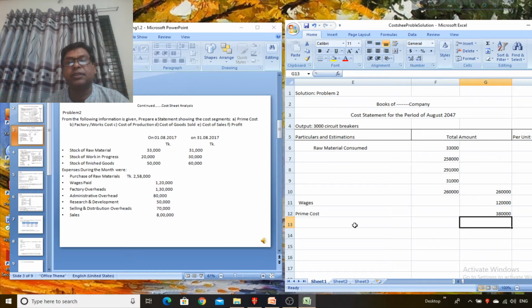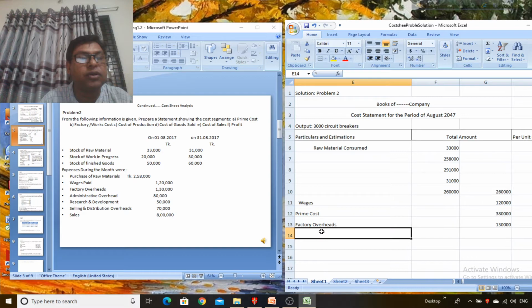And now factory overheads is given as 1,30,000 taka. So we can add this factory overheads 1,30,000 taka. This will comprise our cost of production or factory cost. Factory cost, works cost or factory cost.